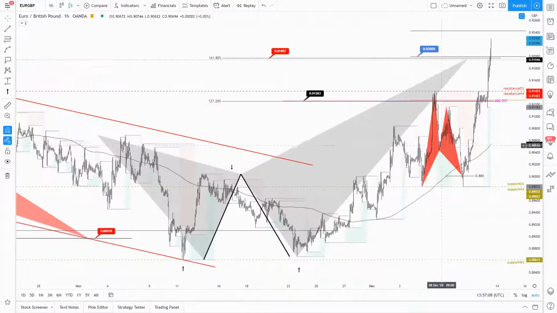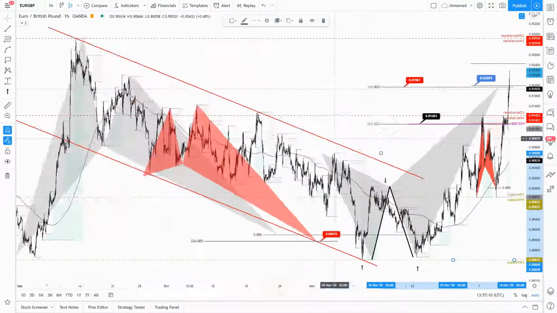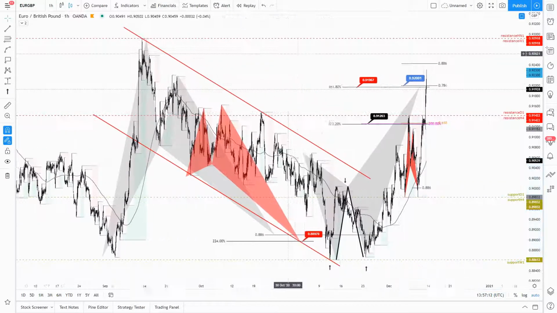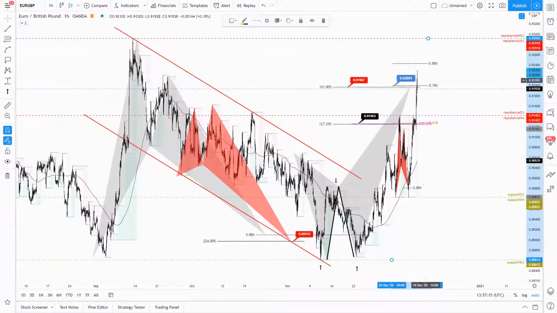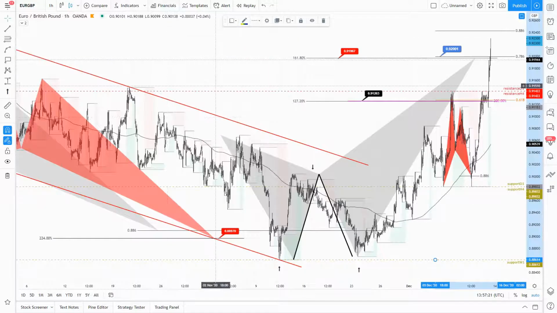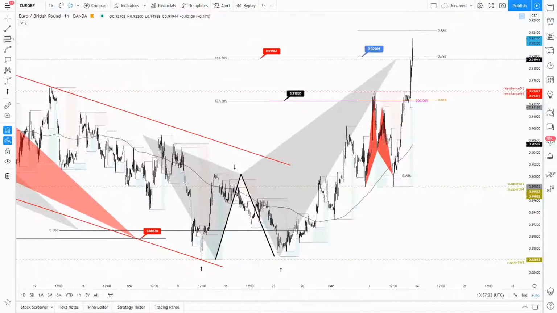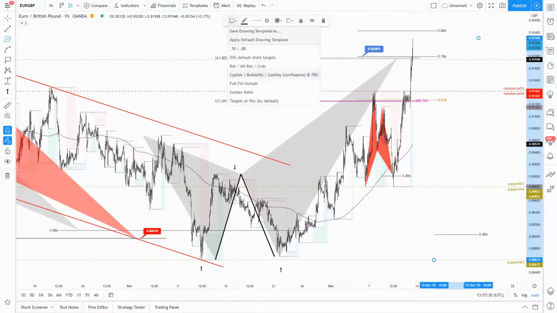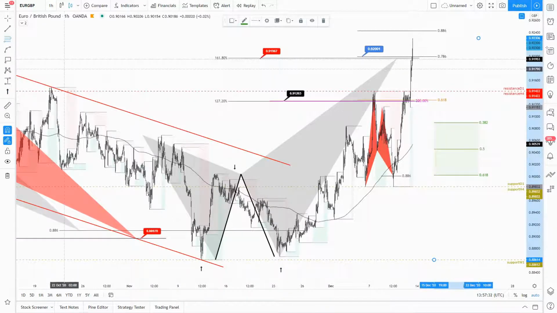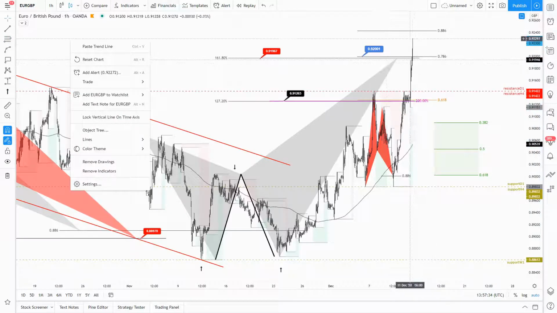At this point, we are trading the golden Fibonacci level, but also the 78.6. So I will expect a natural reaction from these Fibonacci levels, taking into consideration the pattern printed there, the crab pattern. The golden Fibonacci already traded a few points above, so I need to adjust my targets to those highs.